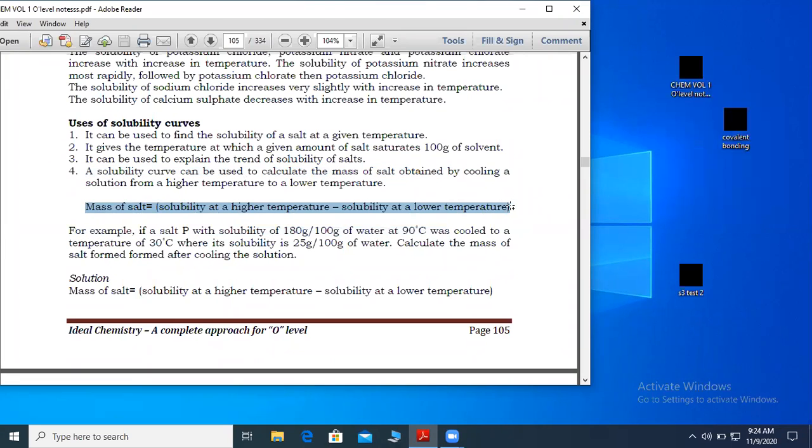I think all that work you remember. I'm just reminding you more. Get the solubility at higher temperature and you subtract the solubility at lower temperature. For example, if a salt P with solubility 180 grams per 100 grams of water was cooled from 90 to 30 degrees, the mass of crystals will be the solubility at 90, which is 180, minus the solubility at 30, which is 25.